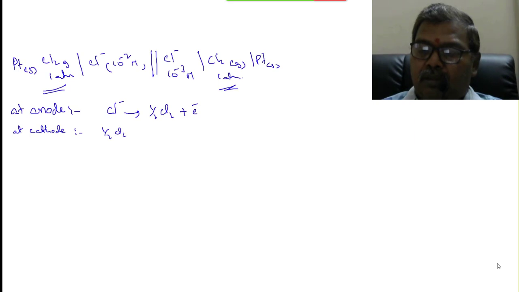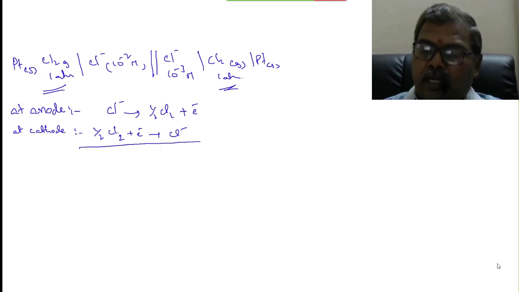Half Cl2 plus electron gives rise to Cl minus. In the net equation, you can cancel off Cl2 and electron.